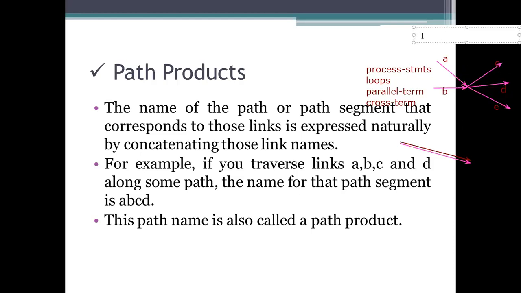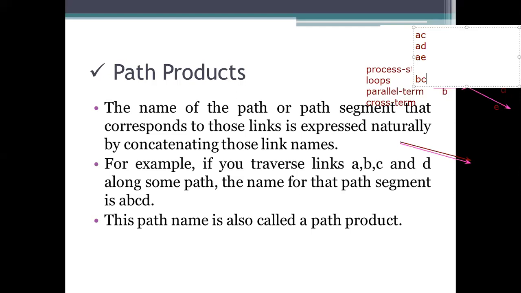How are they connected? AC is a link, and also AD and also AE. Okay. Now BC, BD, and then next BE.